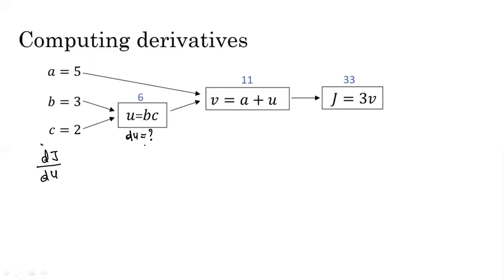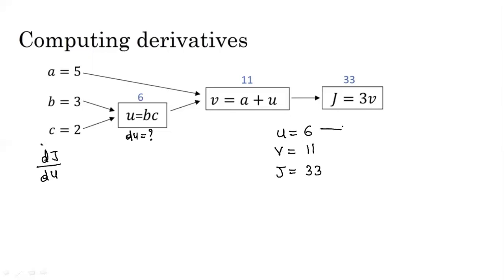Okay, so how will you do it here? You have the initial value of the intermediate variable u as 6. If you have the value of u as 6, then you can find the value of v: it will be 11 because 5 plus 6 equals 11, and then the final variable j will be equal to 33.